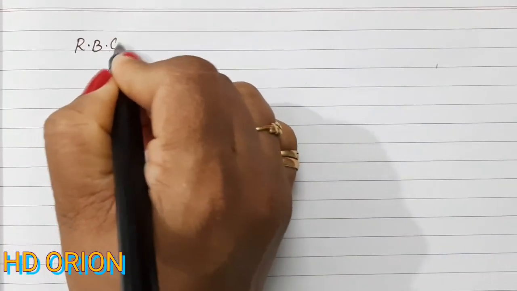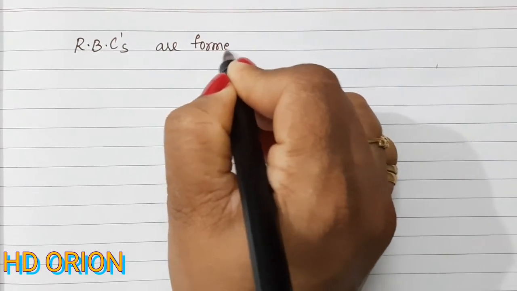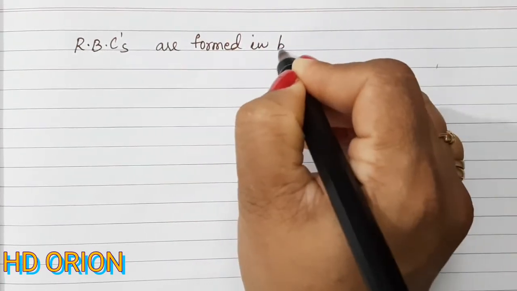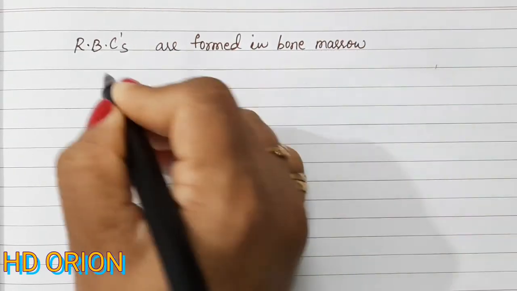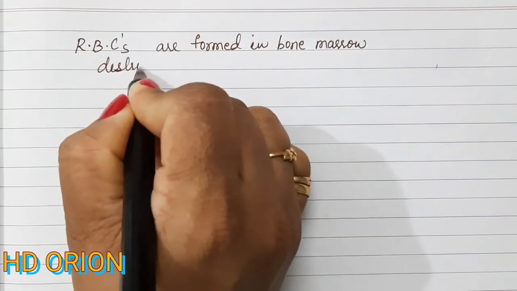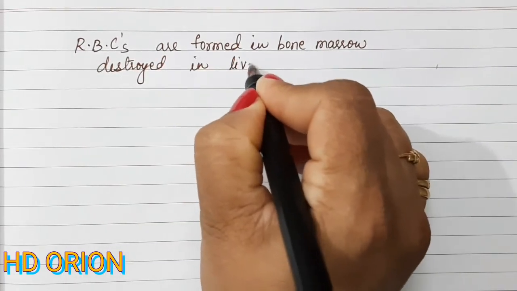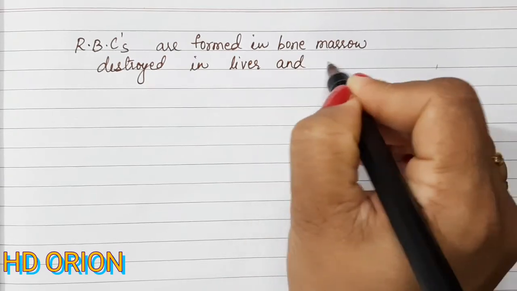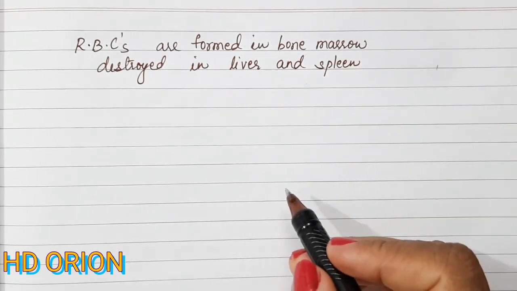Normally the RBCs are formed in bone marrow and destroyed in liver and spleen after a span of 120 days.